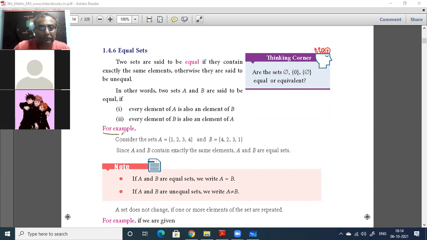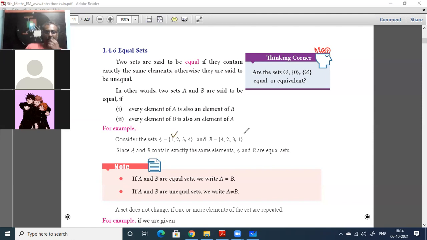For example, consider the sets A equal to {1, 2, 3, 4} and B equal to {4, 2, 3, 1}. Are they equal? Yes, uncle. Why? Because they have the same elements.